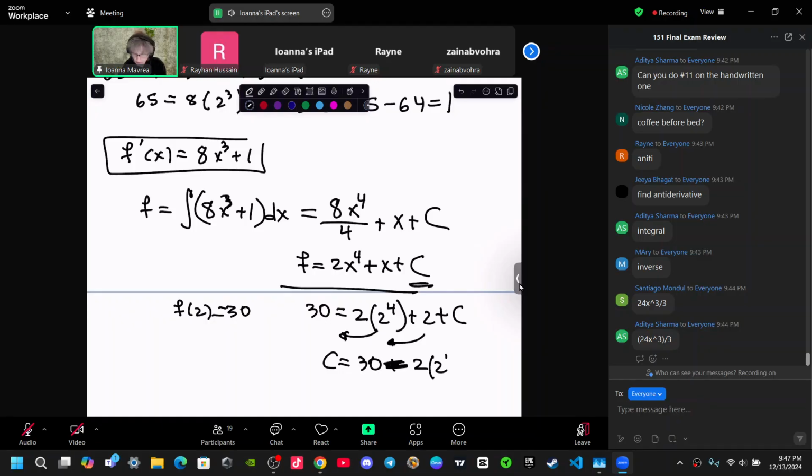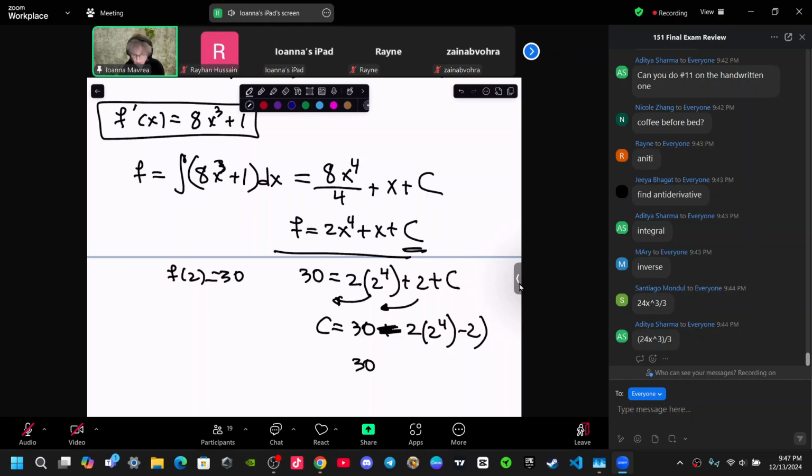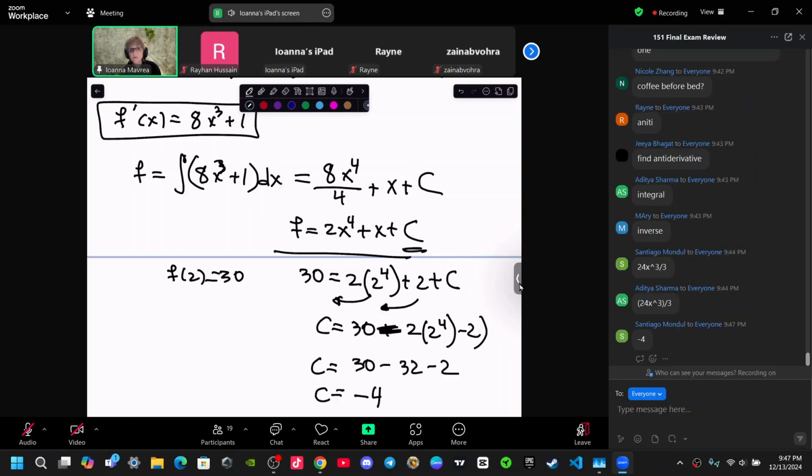Minus 2 times 2 to the fourth, minus 2. All right, let's actually subtract here. So that's 2 to the fifth. That's unfortunate. Minus 2. So c is what? What's c? It's negative 4.